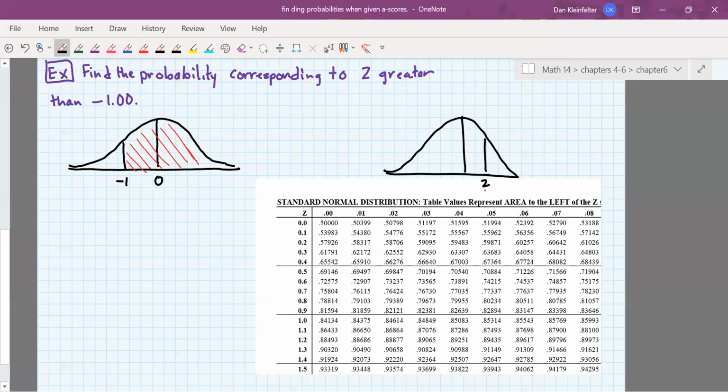So we have a 1 in our table, 1.0. That will have area 0.84134, and that is the area to the left of a z of 1.